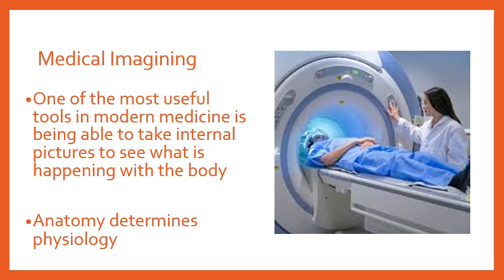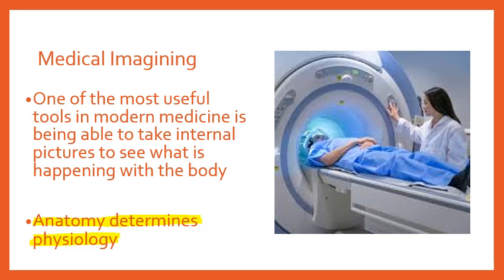So medical imaging is quite new. Like there have been some tools that we used for quite a while, things like X-rays have been around for a long time, but there's a lot of modern techniques that we use in order to actually image the body. And it's extremely helpful because if you remember back to when we talked about a lot of the different body systems, one thing I kept mentioning is that anatomy determines physiology.